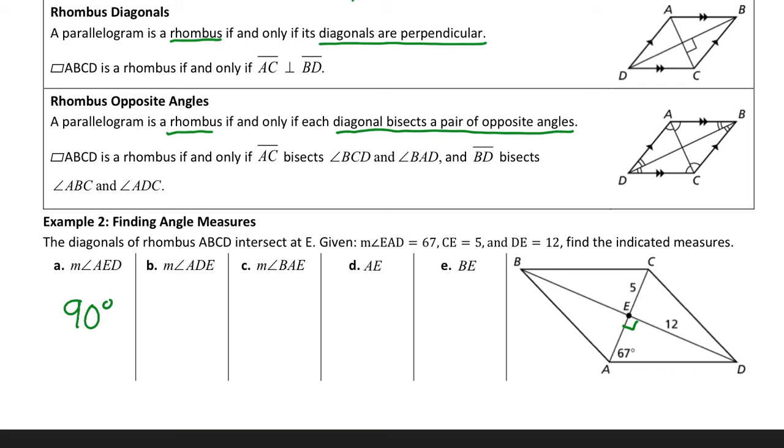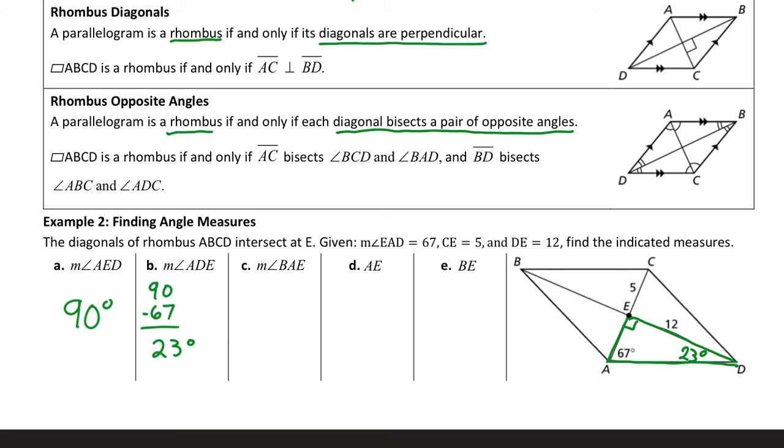For ADE, if we look at the bottom part of this rhombus as a triangle, E is 90 and A is 67, so I would find ADE by taking 90 minus 67, which makes ADE 23 degrees. Breaking up the rhombus into triangles really helps us narrow down what angle measures are.